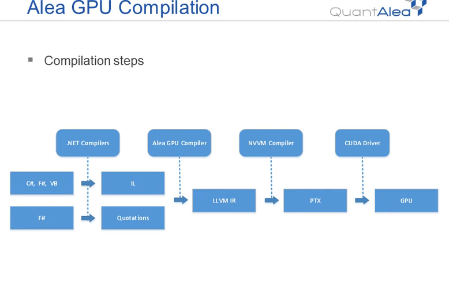Once we transform the IL code that should run on the GPU to IR, we can use the NVVM compiler from NVIDIA to compile that to PTX, and this can then be further compiled by the CUDA driver, once it's downloaded to the card, to executable GPU code, to Cubin code. So that's the IL-based compilation stream. You see that first the .NET compiler compiles, then our compiler takes over, and then the NVIDIA backend compiles it to PTX. So we have three compilation phases.